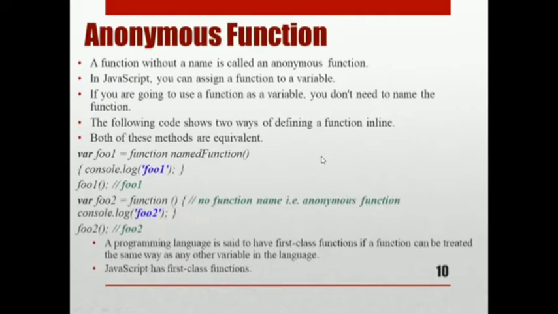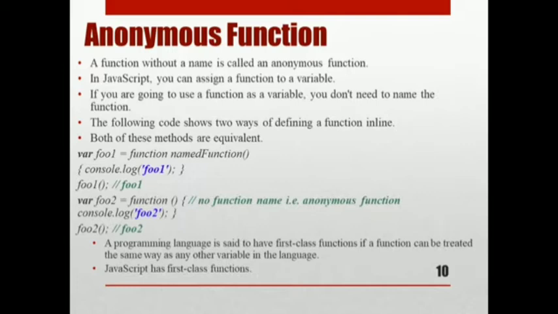Then anonymous function. What is an anonymous function? We have seen that a function without a name is called an anonymous function. In JavaScript we can assign a function to a variable. How we can assign that function to a variable, we will see here. Listen to this carefully.